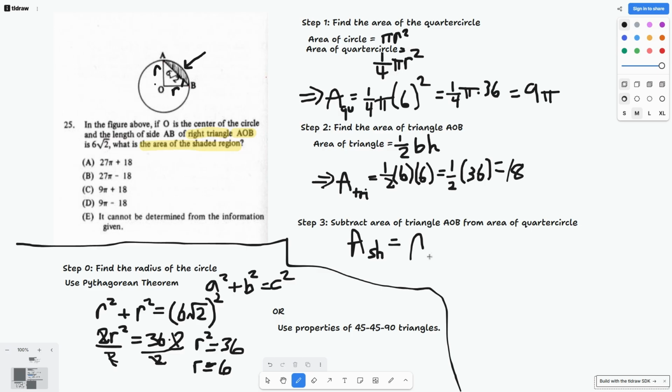That's going to be the area of the quarter circle minus the area of the triangle, which is 9 pi minus 18. So our answer in this case is going to be D.